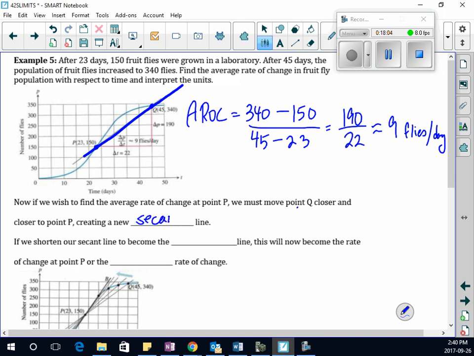But at some point, if we take this Q and move it closer to P, what's going to happen? It's actually going to become P, and it'll become the slope of the tangent line, right? So now this will become the rate of change at point P, or the instantaneous rate of change.